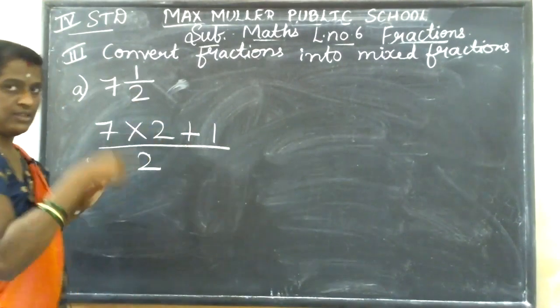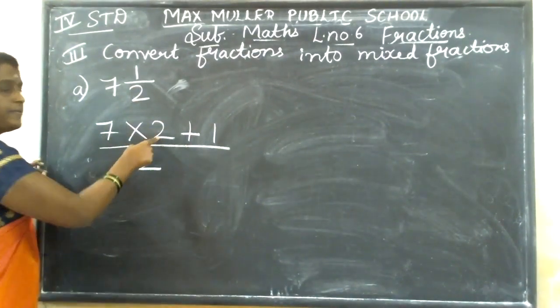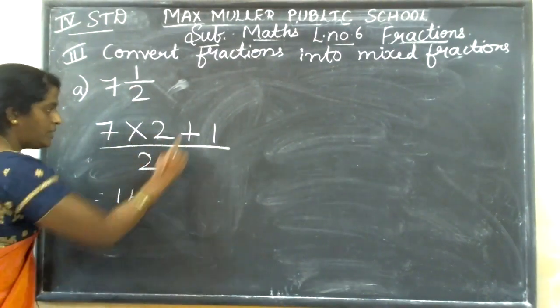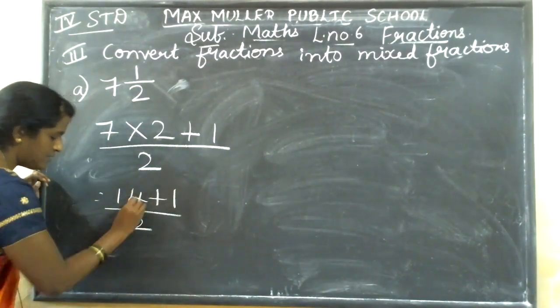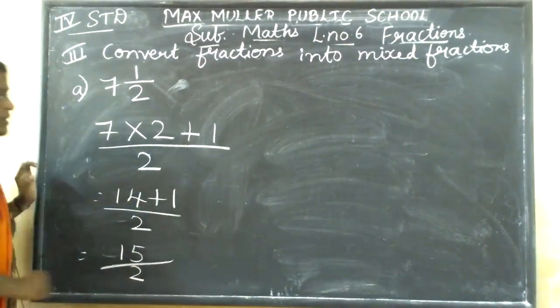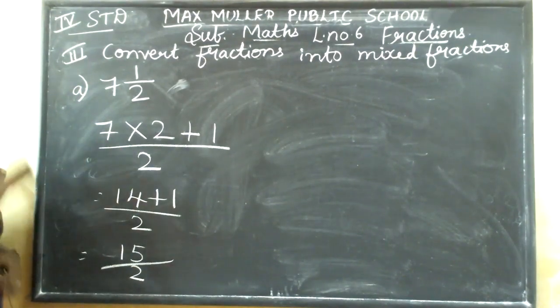You should copy it like that only. 7 twos are 14. 14 plus 1. Your answer is 15 by 2. So one sum you should do like this itself. Okay, children? Let's copy down.